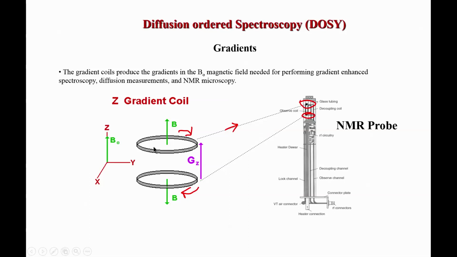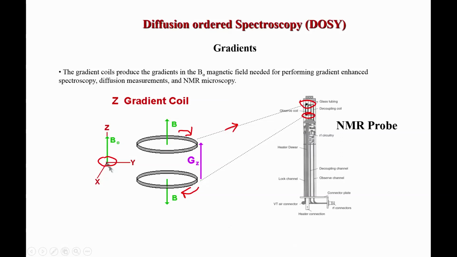But when you supply current in a gradient coil, what happens is that a magnetic field is generated perpendicular to the plane of the coil. Suppose you imagine this plane as the xy plane. You can think of the ring of the coil like this.